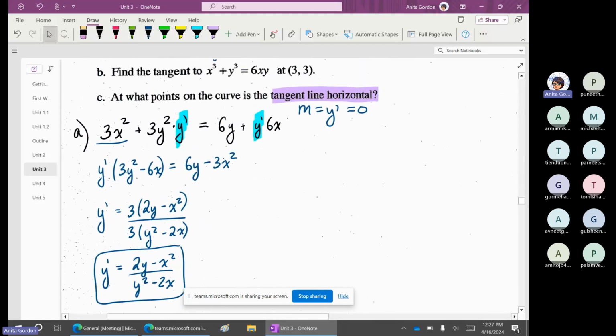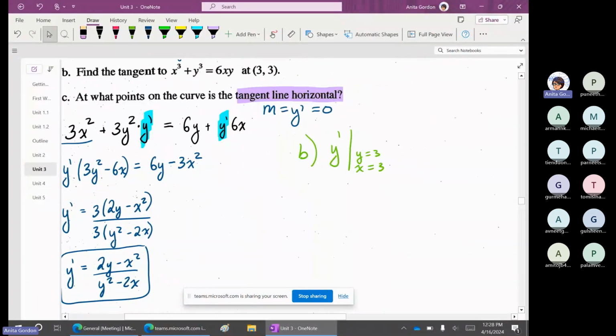Zooming back out. B is asking what is the derivative y prime at the point y equals 3, x equals 3. So we're just using substitution, right? 2 times 3 minus 3 squared over 3 squared minus 2 times 3.